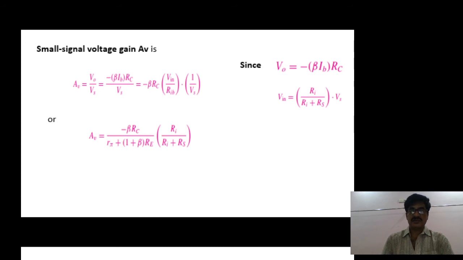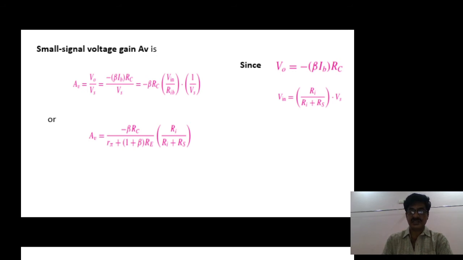When you include the Re resistor, the advantage is that the input impedance is increased, so you get better performance from the amplifier. That is the importance of including the Re resistor.